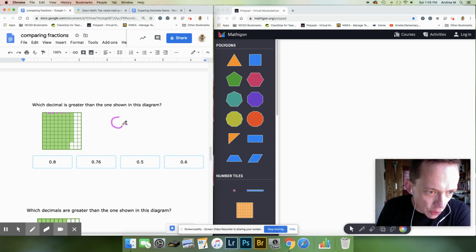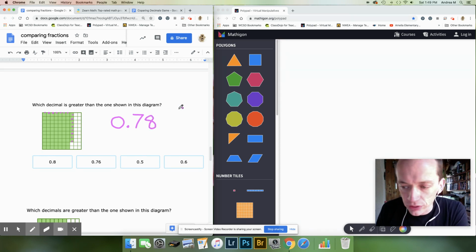I don't have a full one, so I have 0 for my whole. There's my decimal point. I'm going to count that again just to double check. 1, 2, 3, 4, 5, 6, 7. Okay, I have 7 rows of 10. I have 7 tenths. And 1, 2, 3, 4, 5, 6, 7, 8. So what I have here is 78 hundredths.